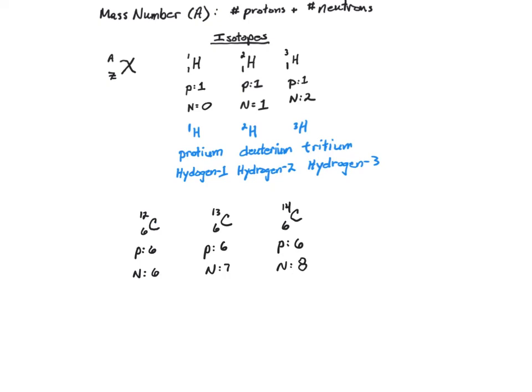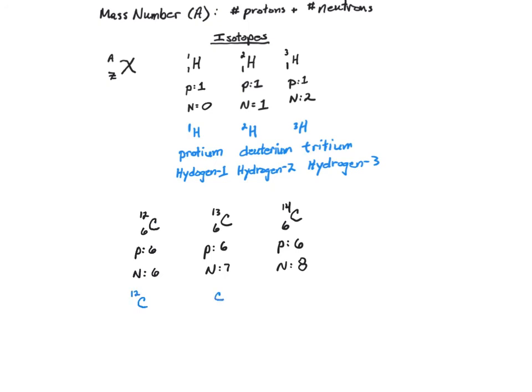Again, the first isotope that I've drawn here is the most stable, and therefore it's also the most prominent in nature. Carbon-14 is actually radioactive, and accordingly there's not as much of it in the environment. Just like we did before, we could abbreviate the symbol, keeping in mind that the atomic number is actually redundant for the symbol itself.